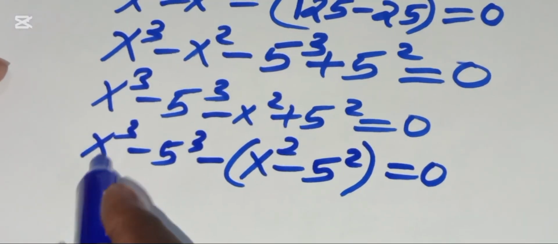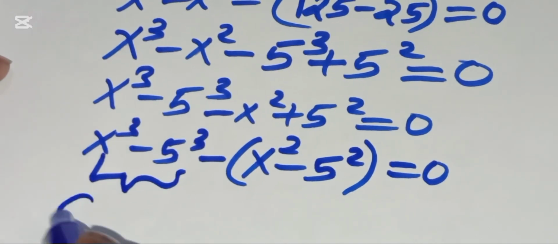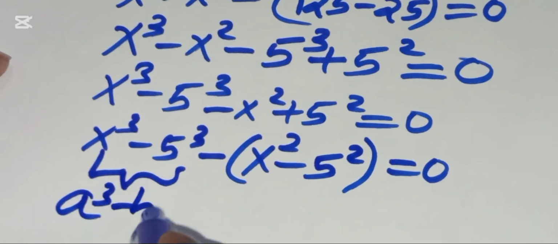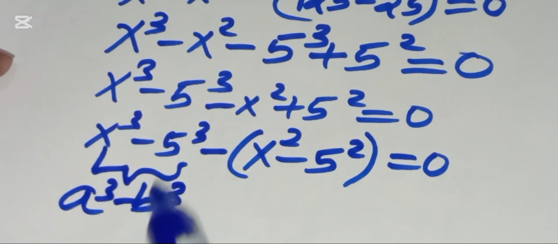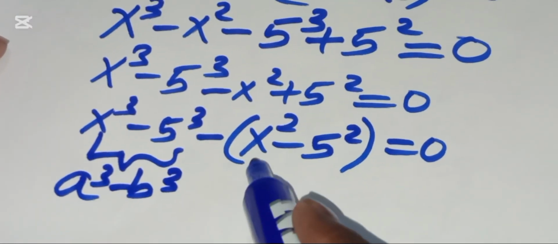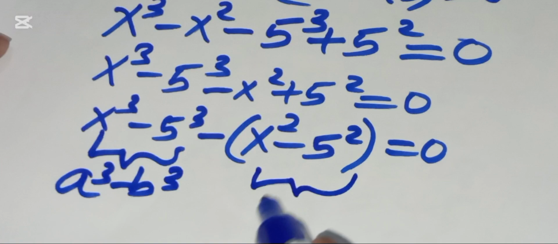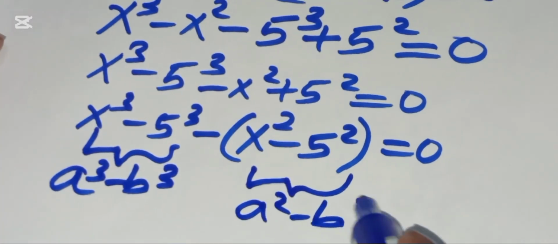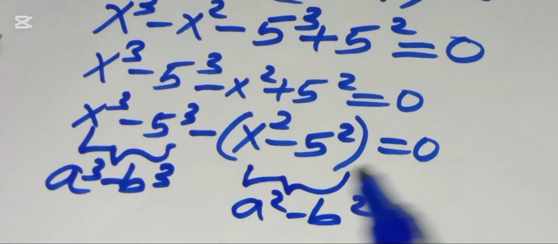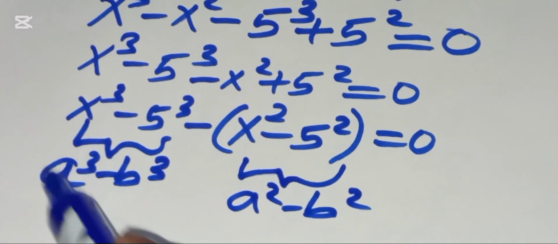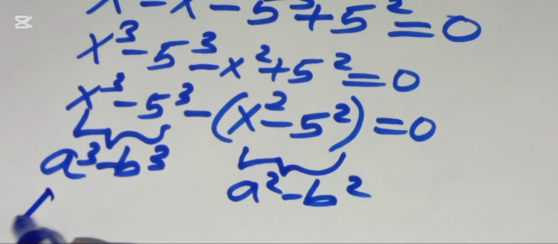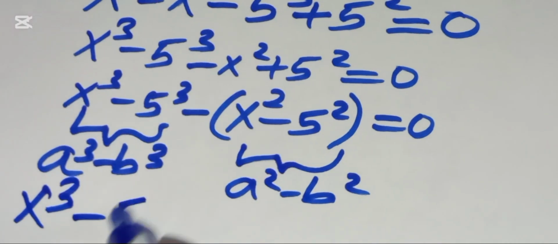Now we have two parts here. The first part is the difference of two cubes, expressed as a cubed minus b cubed, and the second part is the difference of two squares, expressed as a squared minus b squared, okay? So now applying this, the difference of two cubes, we have x cubed minus 5 cubed.